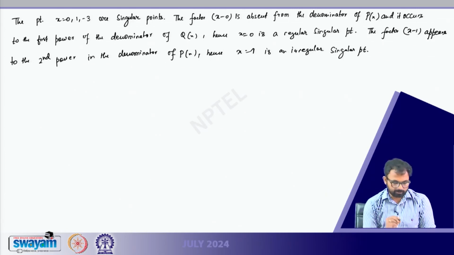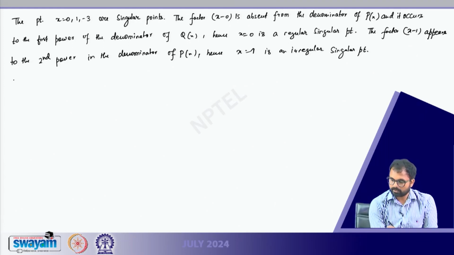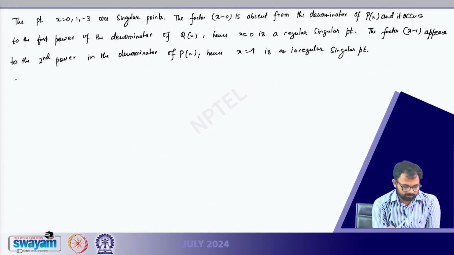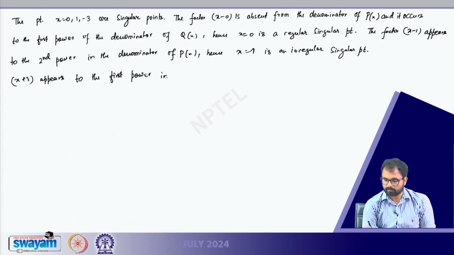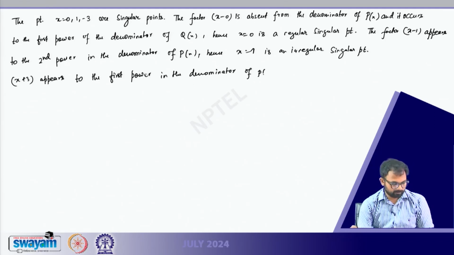and similarly x plus 3. So, x plus 3, where is that? Let us write here. X plus 3 appears to the first power in the denominator of Px, and to the first power of Qx.